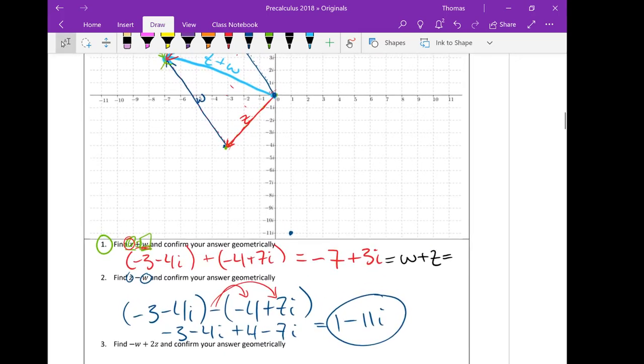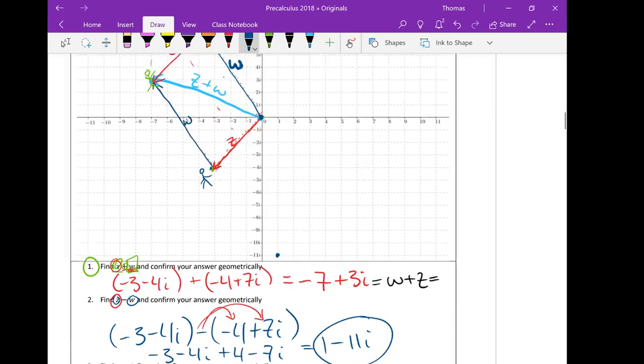Okay. Now if we want to think about this geometrically, first it's saying, go to z, so follow z's instructions, walk along our arrow z, stand and wait at its end, so I'm going to put another guy there. He's waiting at the end of z. And then go negative w, so go in the opposite direction that w would normally tell you to go.